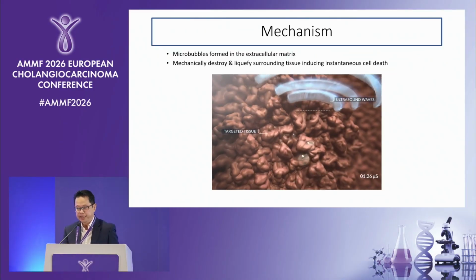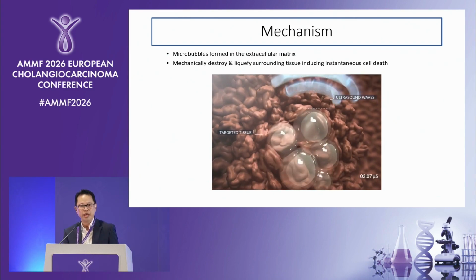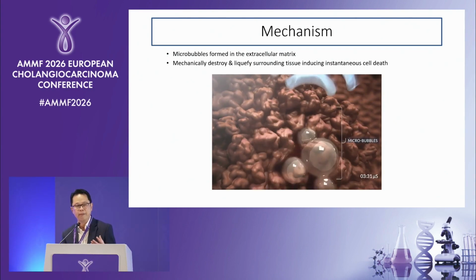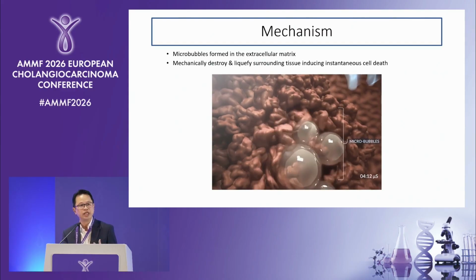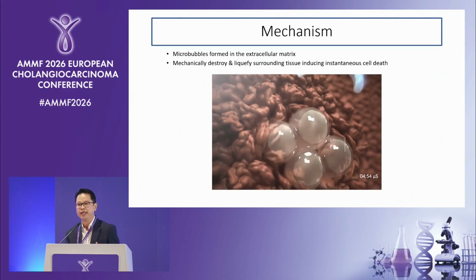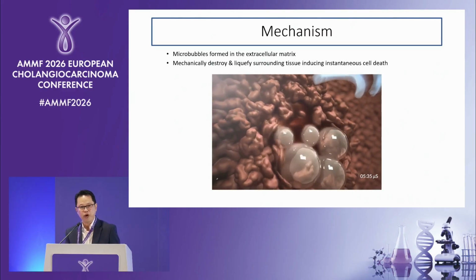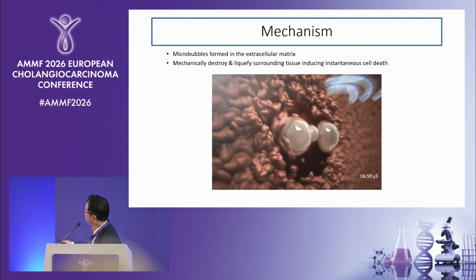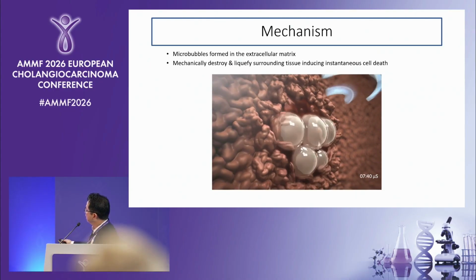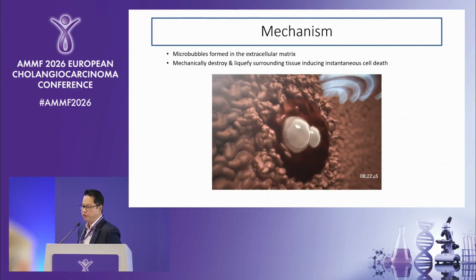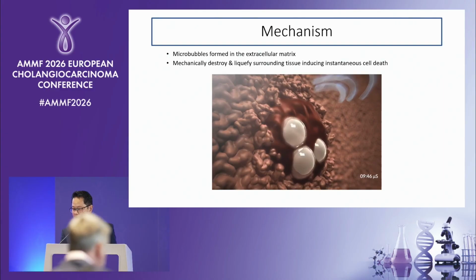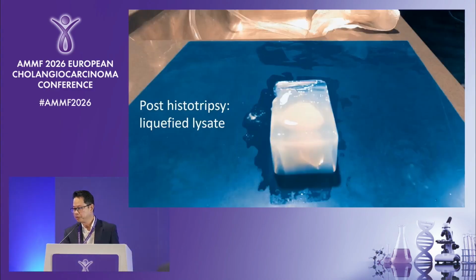And again, a schematic diagram of microbubbles formation and destruction. In the process of forming the microbubbles, the surrounding cancer cells will be mechanically disrupted and form liquid. So you will see here the cells disappearing, and at the end we will be left with liquid in situ within the area of the treatment zone.